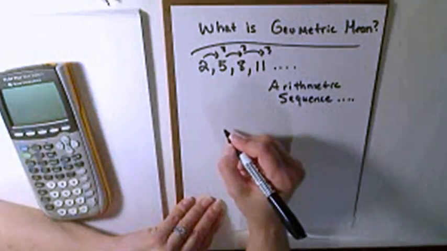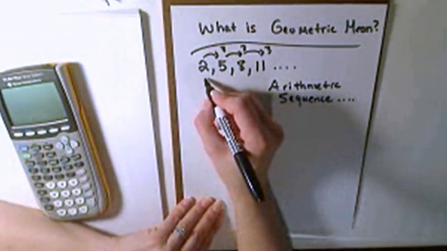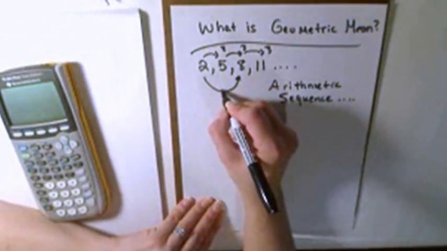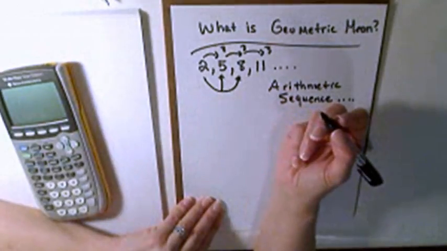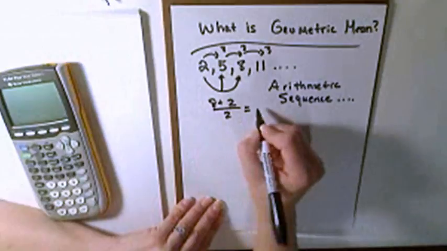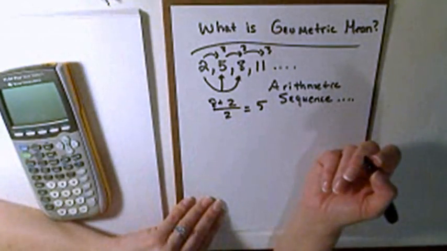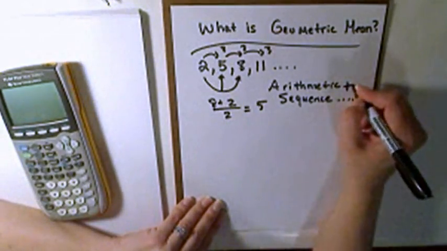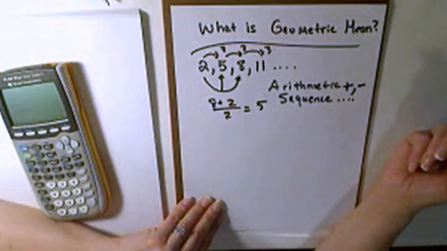In an arithmetic sequence, the middle number is the arithmetic mean of the other two. 8 plus 2 over 2 is 5. That happens in all arithmetic sequences. They can be addition or subtraction.